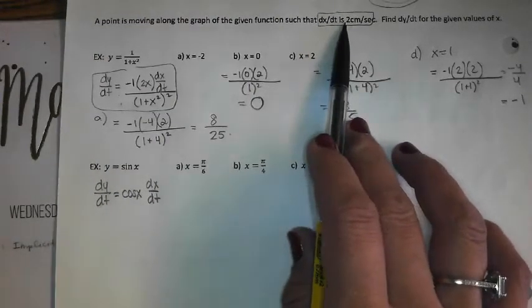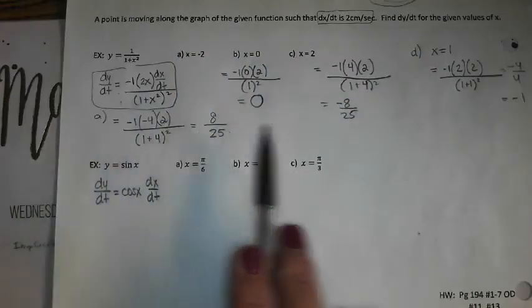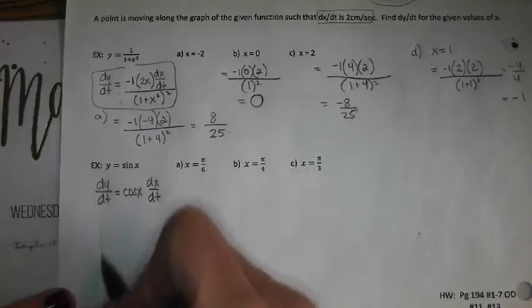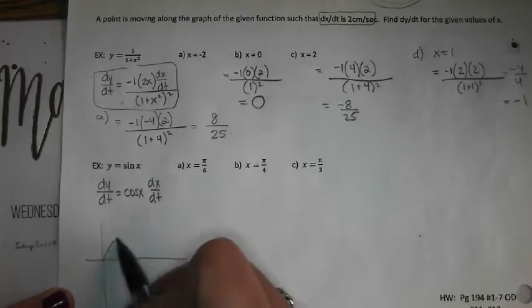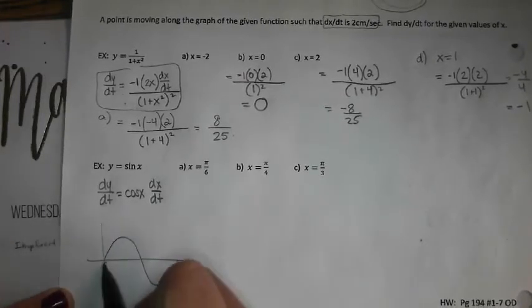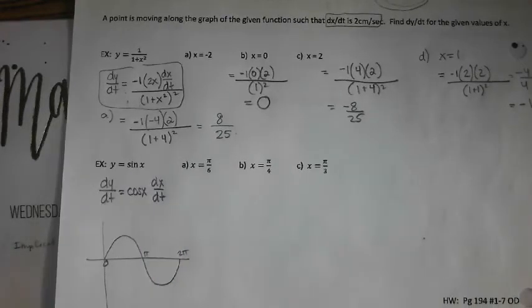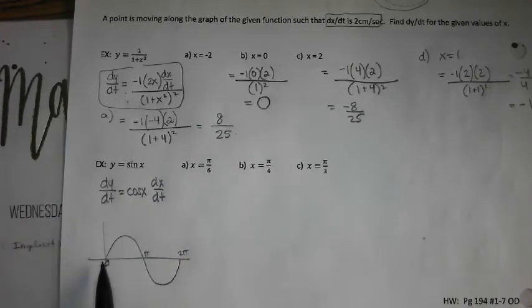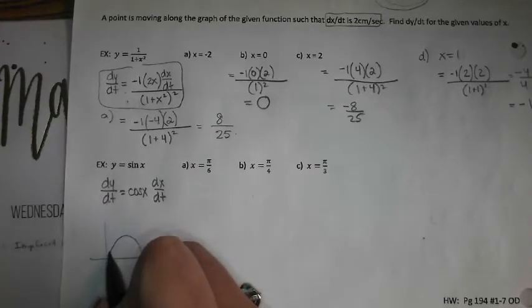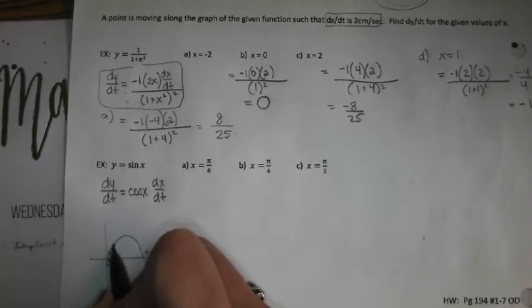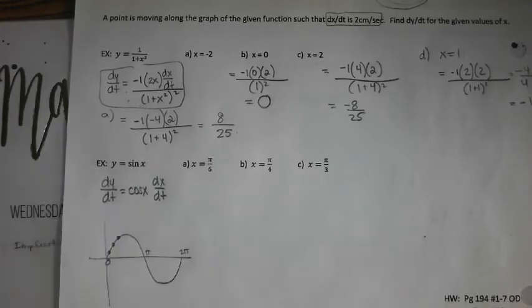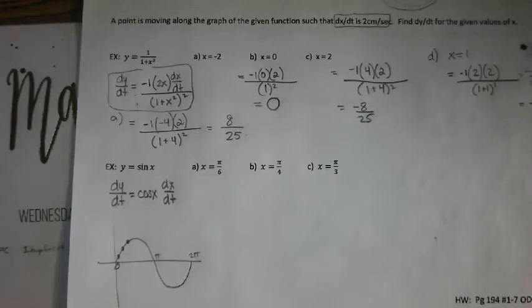The rate of change of your x coordinate, the speed at which our point is going to move horizontally along this graph, is 2 centimeters per second. So here's about pi/6, here's about pi/4, and here's about pi/3. Which one is going to provide the largest dy dt, do you think?